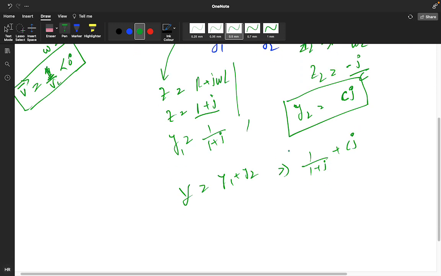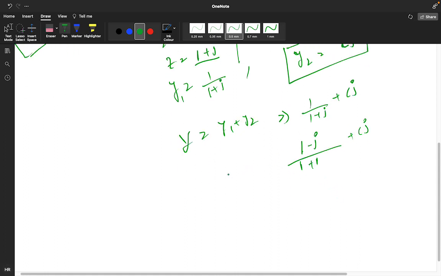If you rationalize this, what do you get? 1 minus j divided by 1 plus 1, plus Cj. So this is the overall Y. Make the real term one side and the imaginary part the other side. So 1 by 2 plus j, taking common, C minus 1 by 2.